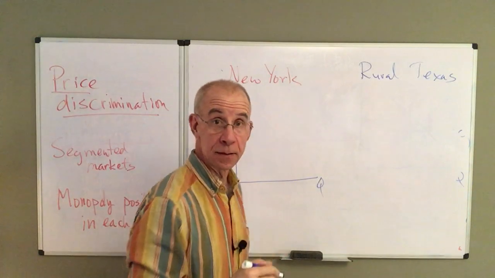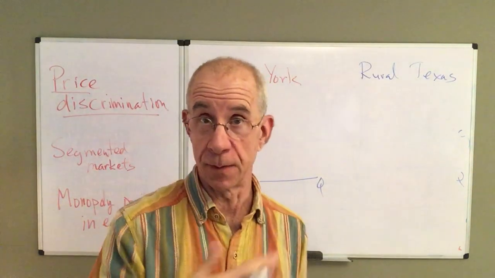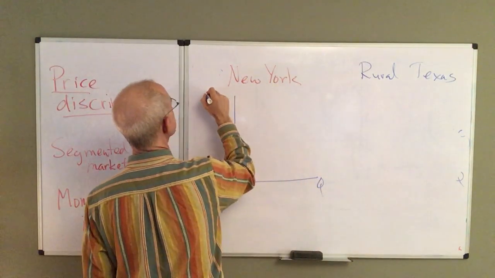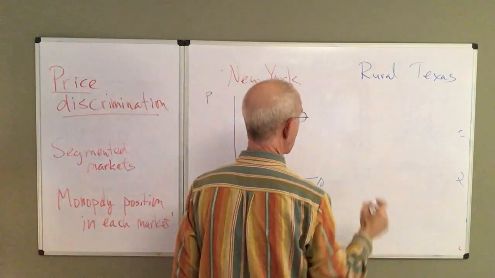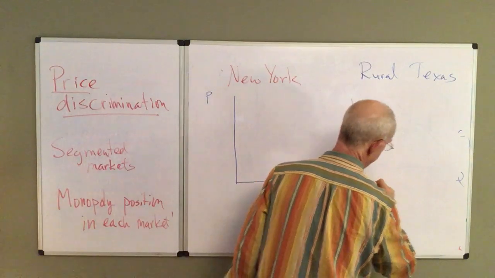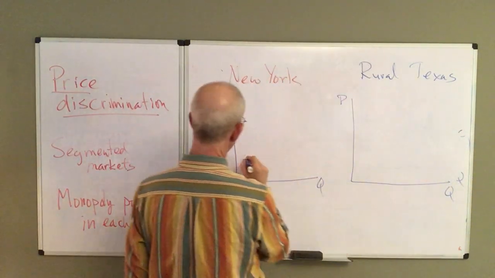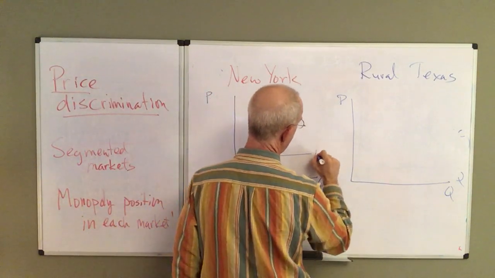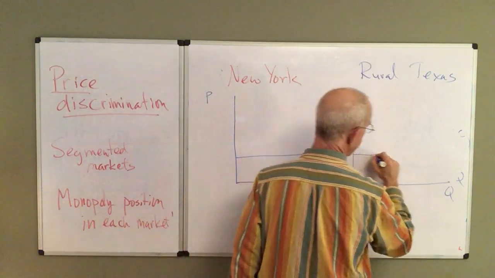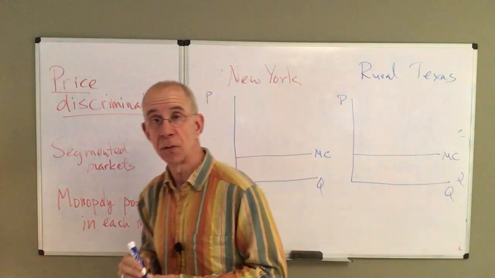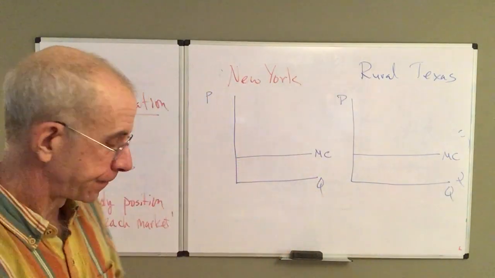And we'll imagine that the firm has the same cost of producing in both. Okay, so we've got the same cost of production. So the marginal cost is the same across the two markets.